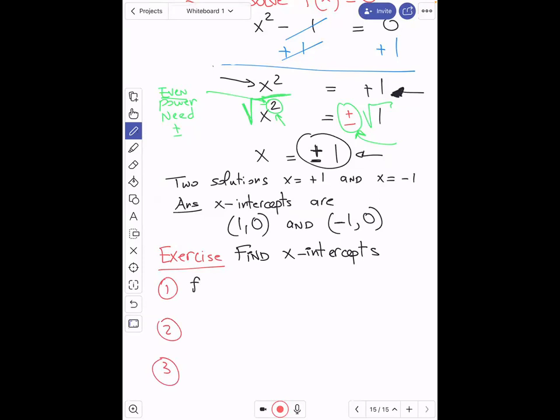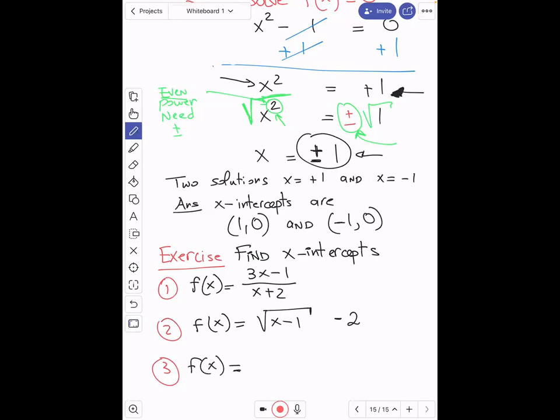So for number 1, your f of x is just (3x minus 1) over (x plus 2). Number 2, your f of x is the square root of x minus 1, minus 2 outside the square root. And finally, let's have some quadratic function.